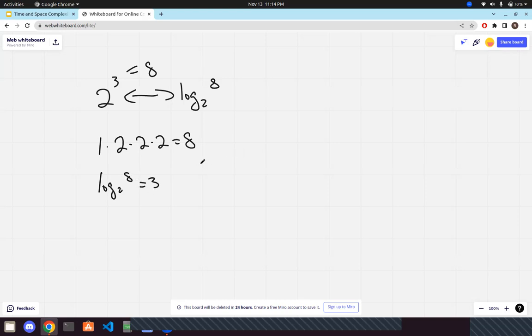The first time, 8 divided by 2 equals 4. The second time, 4 divided by 2 equals 2. And the third time, 2 divided by 2 equals 1. So you see, we needed to divide 8 by 2 three times in order to get 1.